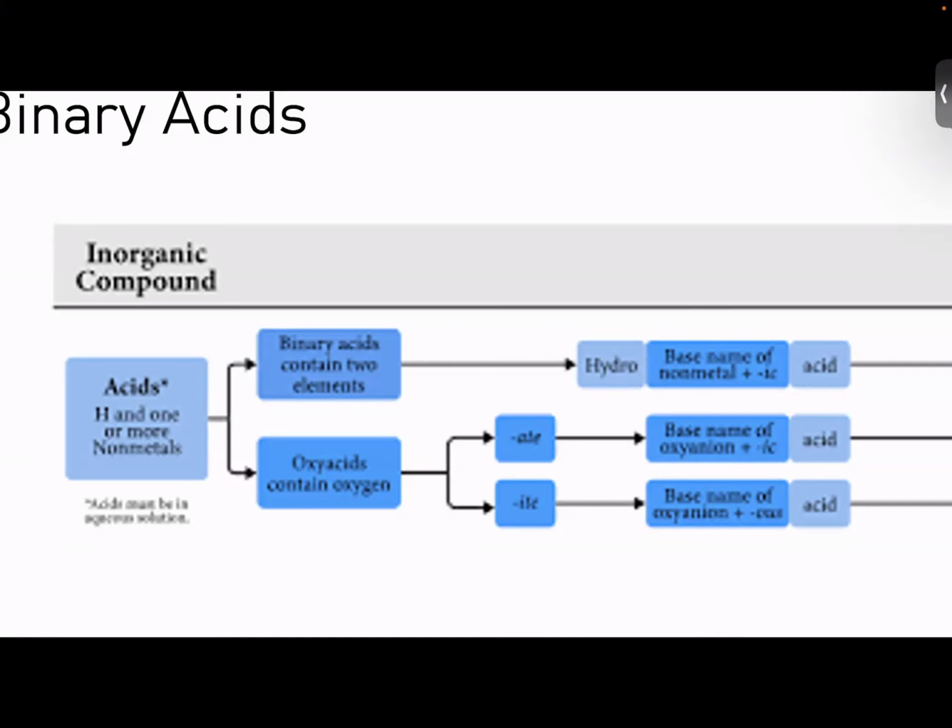To name an acid that is binary, or what I like to say is that has the ending IDE, if you have a substance that has the ending IDE, then as an acid, you're going to give the word hydro. You're going to give the base name of the nonmetal, followed by ic acid.